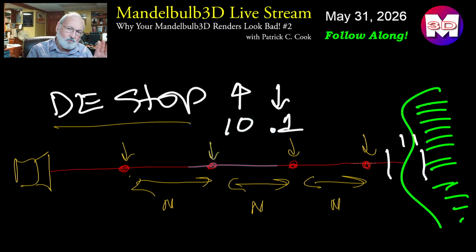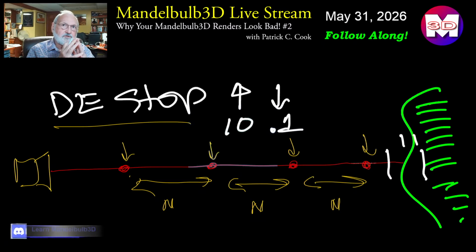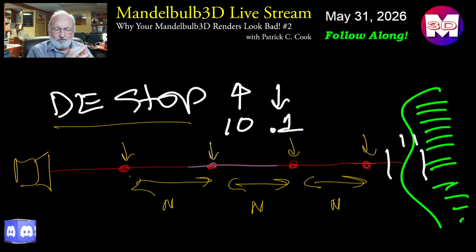Now, that threshold is really how accurate the renderer is going to be when it approaches a fractal surface, okay? So you note here that it is approaching the fractal surface, these steps along the way, all right?